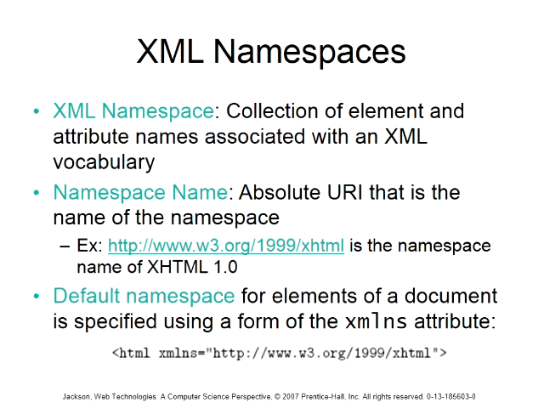So let's move now to XML namespace. An XML namespace is a collection of element and attribute names associated with an XML vocabulary. Can you give me an example of an XML vocabulary?